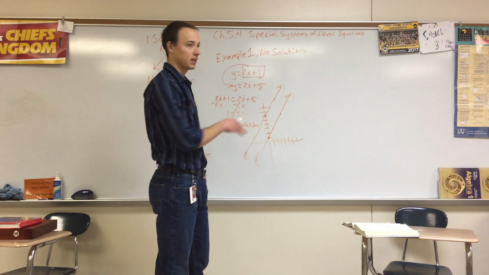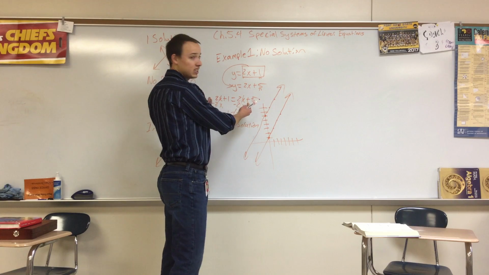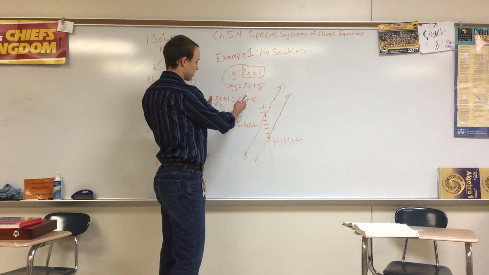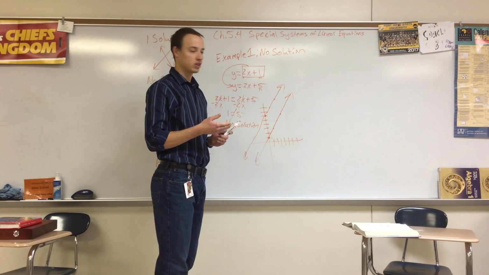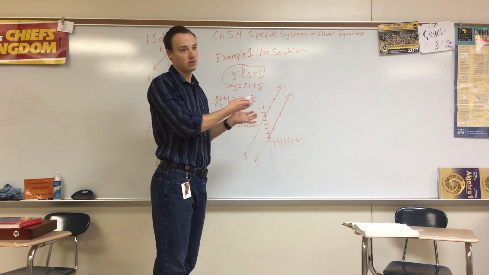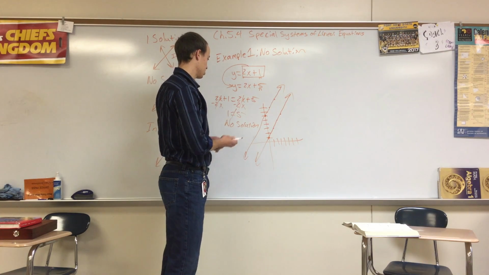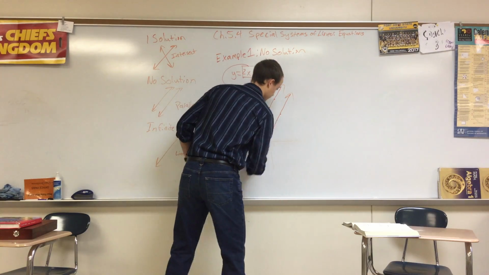Any number you plug in is not going to work. Okay, so we had two x's, and you can see that right off the bat. If I have the same variable on both sides with the same leading coefficient, 2x and 2x, those are going to cancel out. So you can even notice earlier on before you actually solve it out. Okay, so this is no solution.